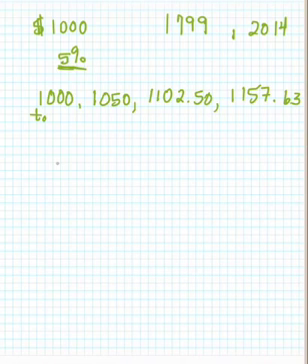Now this is one of those money problems, so we're going to do T naught here. T sub n is going to equal T naught times the common ratio raised to the n minus 1.